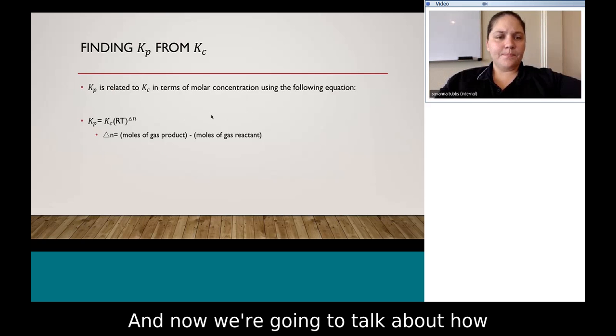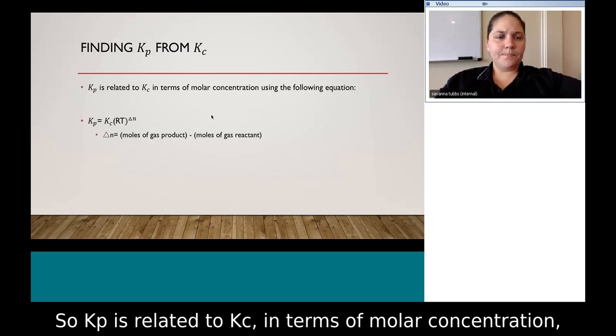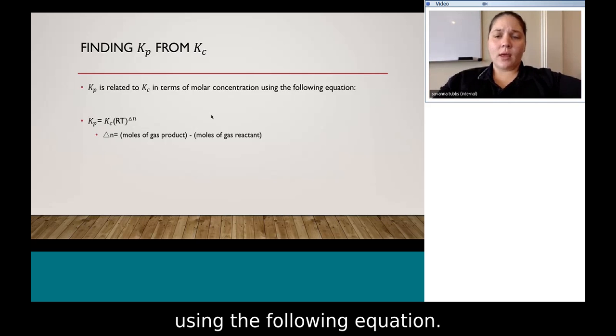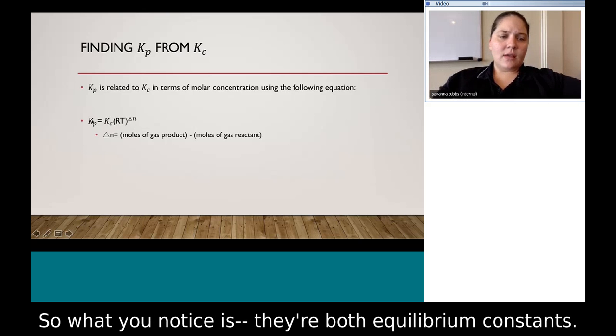And now we're going to talk about how to find our Kp from our Kc. So Kp is related to Kc in terms of molar concentration using the following equation. So Kp equals our Kc times RT to the delta N. So what you notice is they're both equilibrium constants.